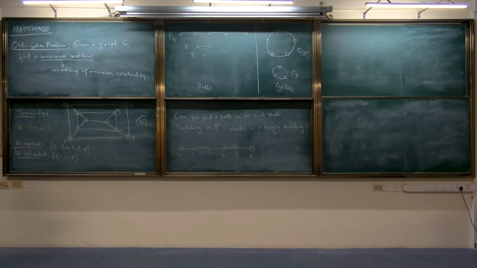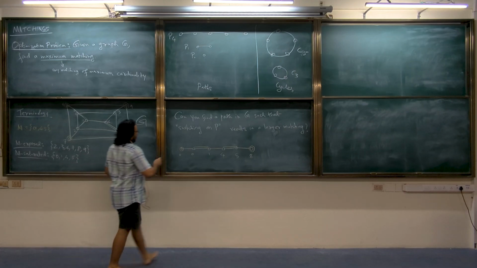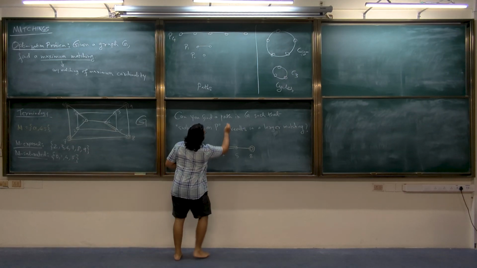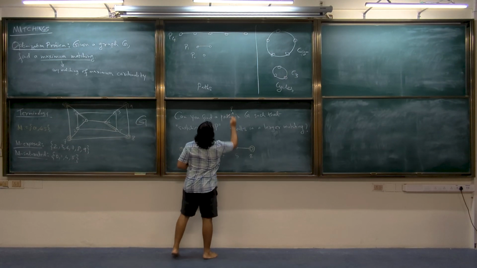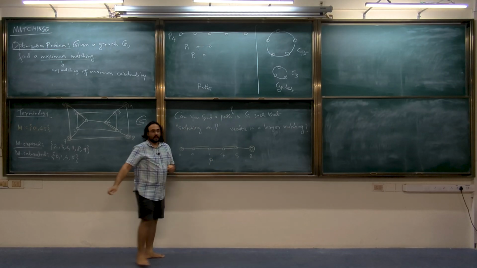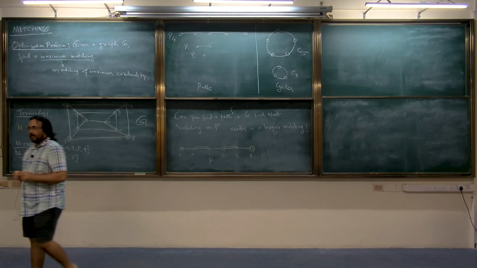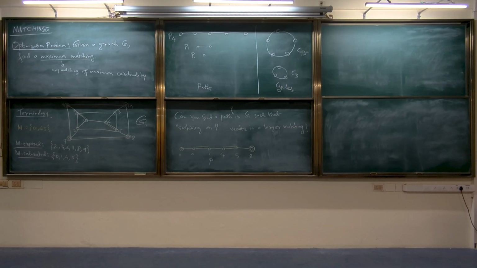Okay, so look at this path. So can we now use this path to get a better matching? Supposing this is a path P, can somebody suggest a way to get a better matching? 6, 0, 1, 4, 5, 8.